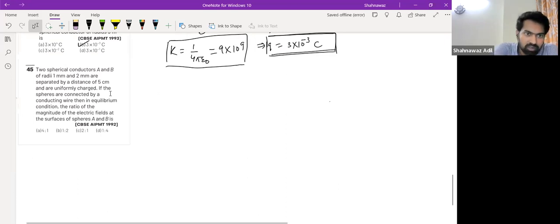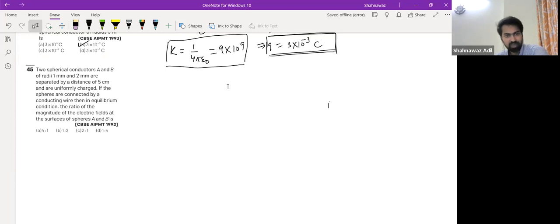So two spheres are connected and you have to calculate the electric field at the surface of sphere A and the surface of sphere B. So you guys calculate and tell me the answer.